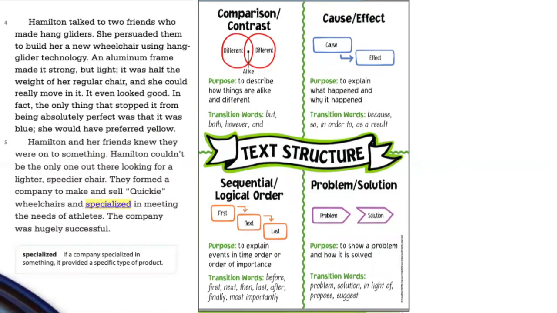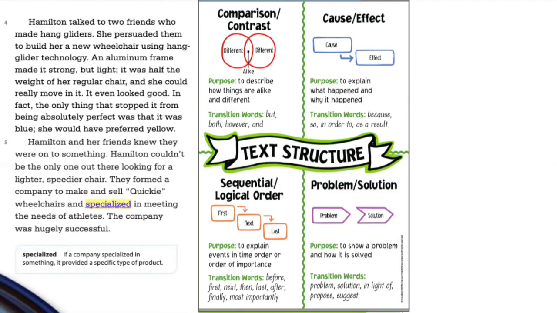I didn't see any of the problem and solution signal words in this paragraph, but as I was reading, I was beginning to see if Marilyn's idea of how to solve a problem with the wheelchair being too heavy was in this paragraph. And it was.